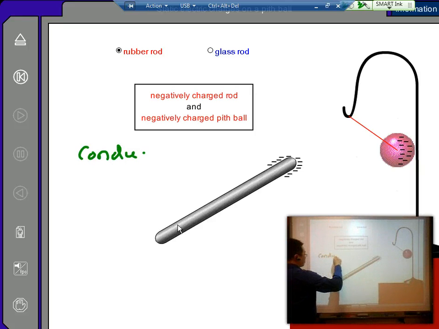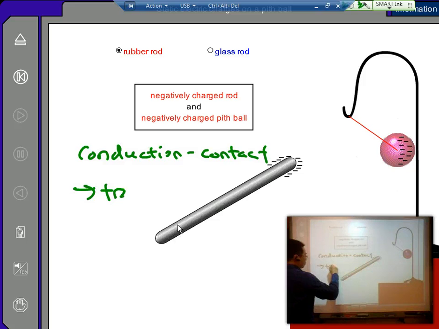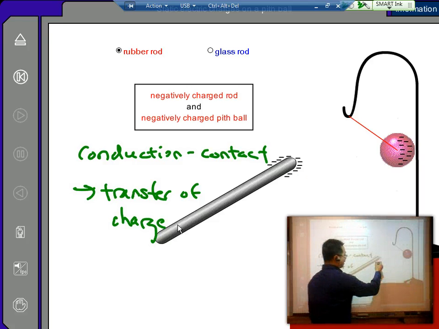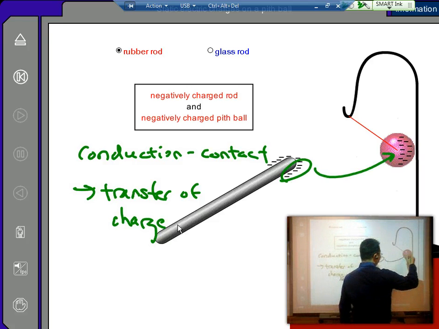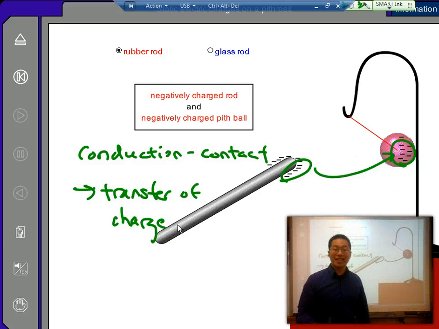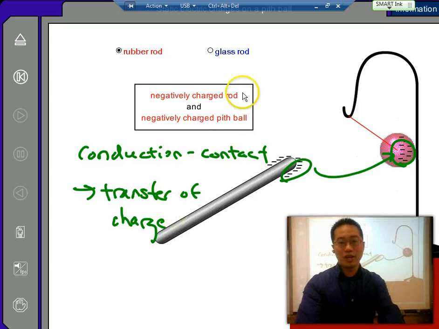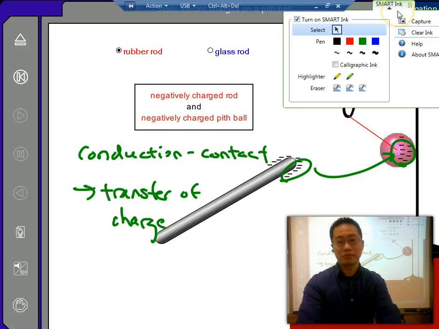Conduction, there is contact, which thereby creates a transfer of charge. A lot of those extra electrons jumped onto the pith ball, which made the pith ball negative. Now, of course, a negative charge will repel another negative charge, which is why the pith ball is now repelled.